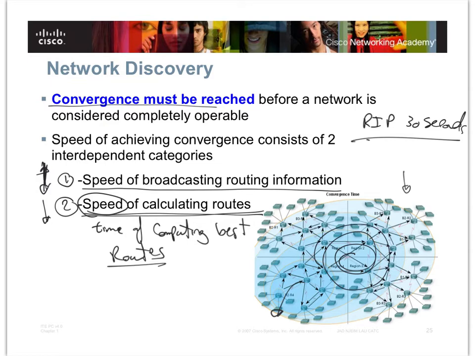So it takes the new one and tries to find whether it's better than the one in the routing table or not. So every time the algorithm runs on a partial view. But in link state, the algorithm runs once on the whole link state table. So the time to calculate the best route for a link state routing protocol, because it runs against the whole link state table, is significant. But in the case of distance vector routing protocols, the time is short because it runs only on a partial view. Is this clear?